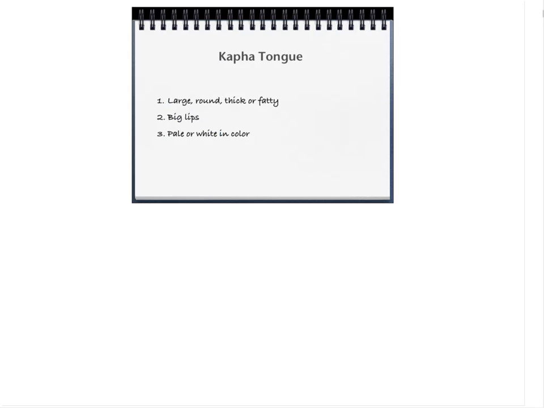Now, I'll give you one example. I had a girl, a medical student. Her parents brought her for an Ayurvedic consultation. When I looked at her tongue, she was a Kapha Pitta, large tongue, no problem, and apparently she ate well.